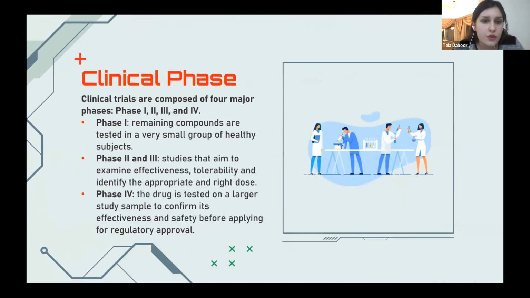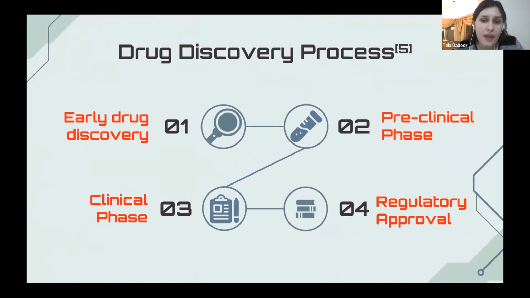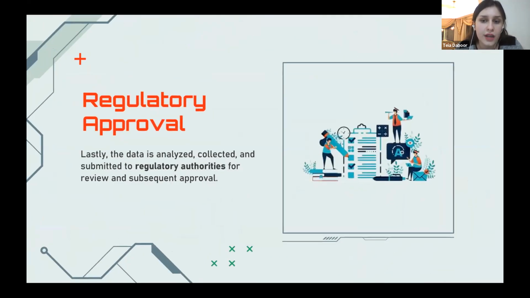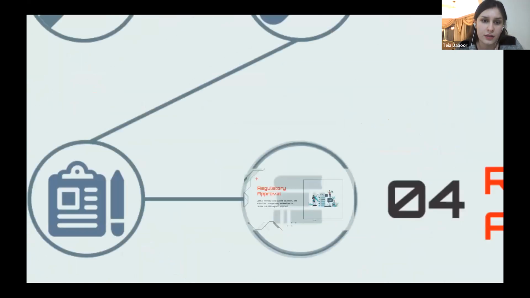After that, phase 2 and 3 aim to examine effectiveness, tolerability, and identify the appropriate dose. In phase 4, the drug is tested on a larger study sample to confirm its effectiveness and safety before applying for regulatory approval. This takes us to the last step of the drug discovery process, which is regulatory approval. The data is analyzed, collected, and submitted to regulatory authorities for review and subsequent approval.